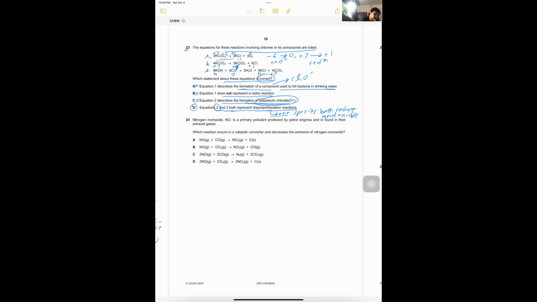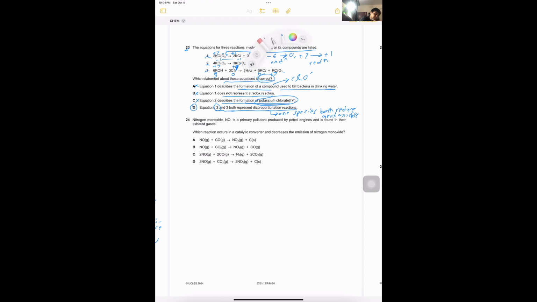So, oh sorry, this is +3 because hydrogen is +1, oxygen is -2, so yeah, it's +3 over here, so it is decreasing. And also, ClO4- is +7, +6, +5, not decreasing.